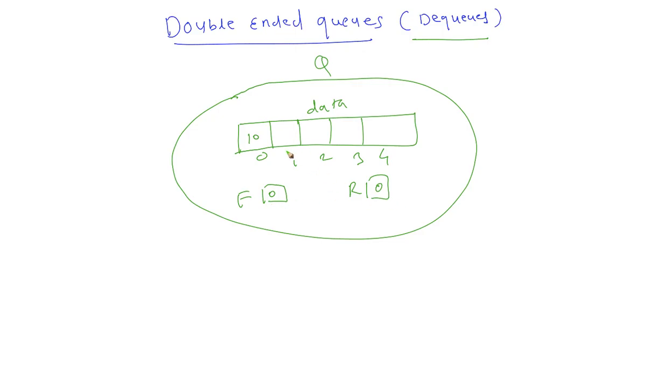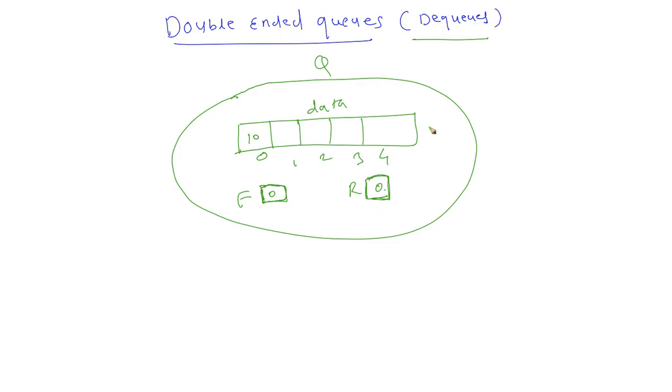In this queue, the NQ operation or insertions happen from the rear end only, and we do deletions, or perform the DQ operation, only from the front end. That's the normal queue, or the linear queue.